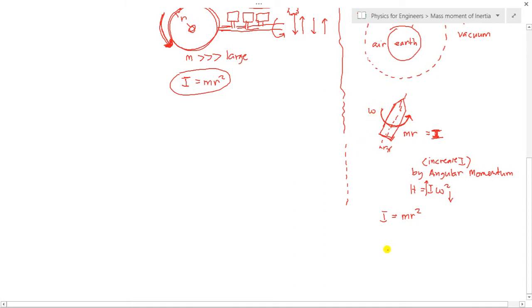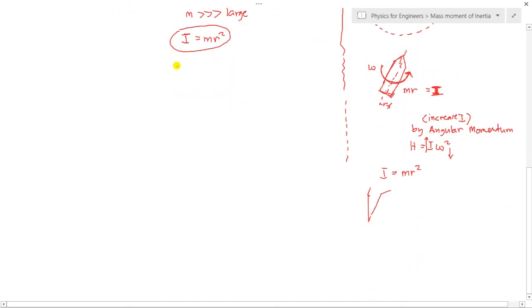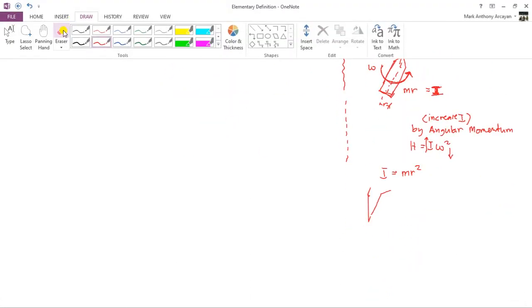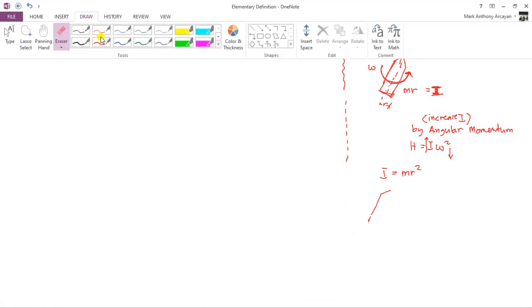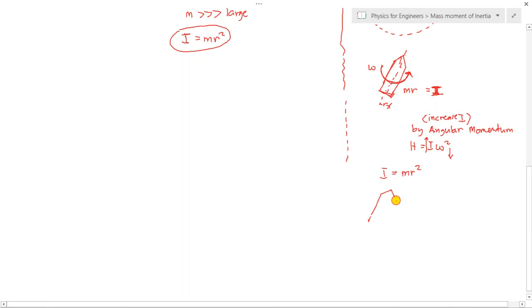So what they did, ang atong scientists, is they add some mass. Nagpa-spin sila og mass.